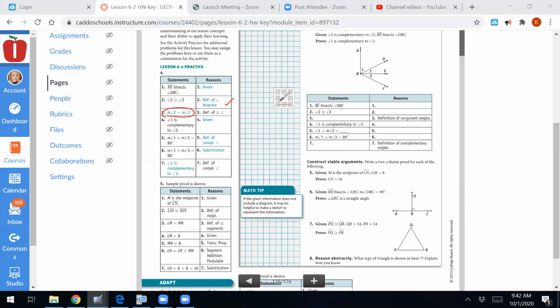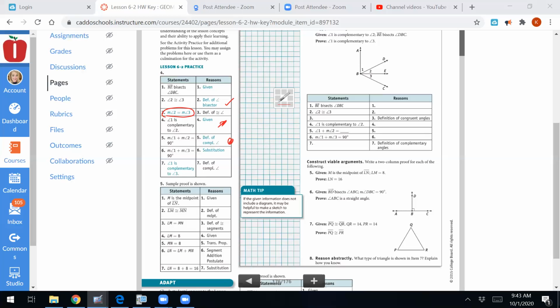That's the measurements. Then it says angle 1 is complementary to angle 2. Well, that's another given. So that's just given. Then it says the measure of angle 1 plus the measure of angle 2 equals 90 degrees because it's complementary, okay? And that is the definition of complementary angles. The definition tells you that it's going to equal 90 degrees.